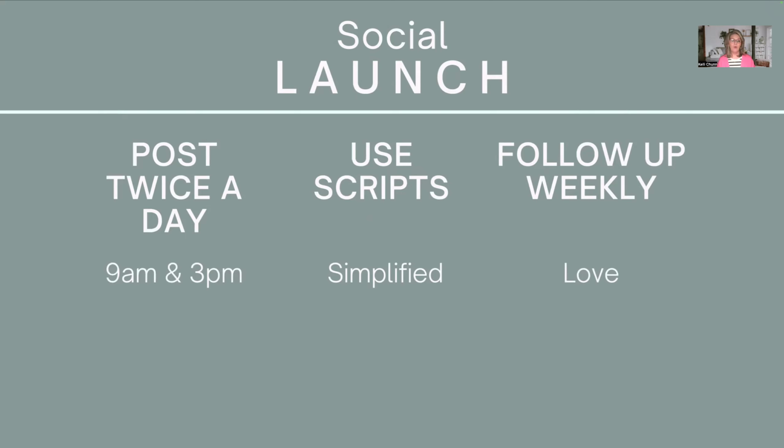It is set up on a twice a day posting schedule. Again, I will say 9 and 3 is ideal as far as just when the foot traffic is highest on those platforms. That being said, you may choose to post your partner co-posts at 7 a.m. and 7 p.m. And then at 9 and 3, you may want to do a personal post.